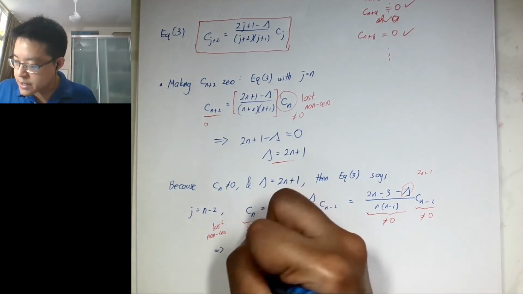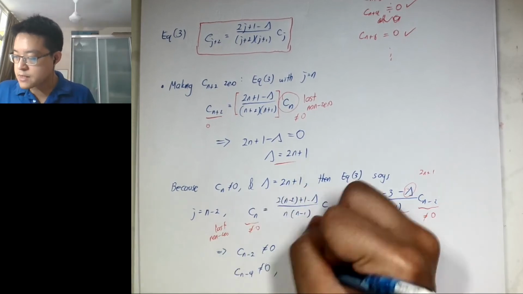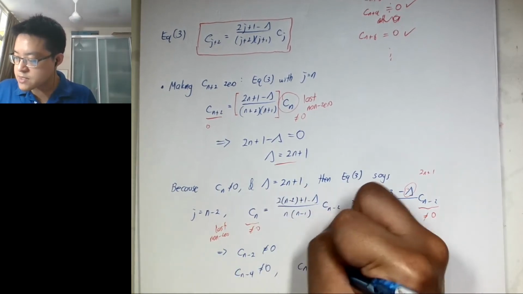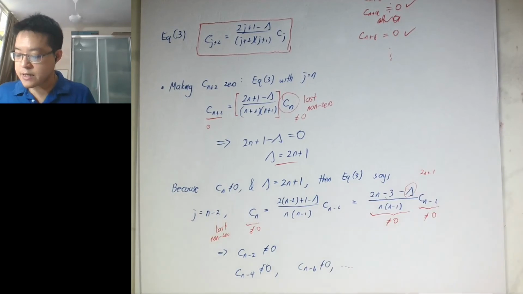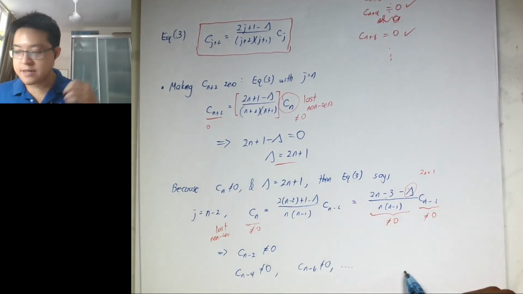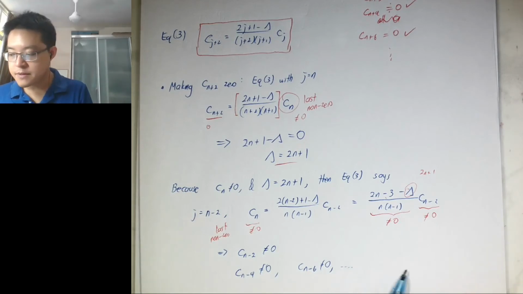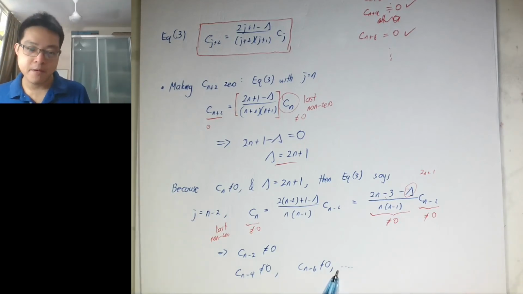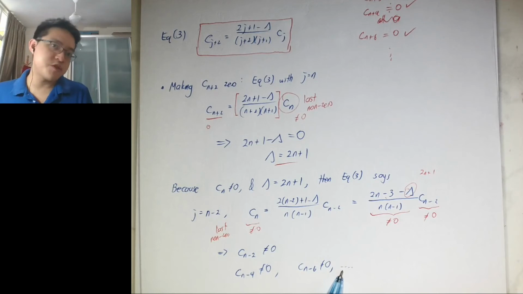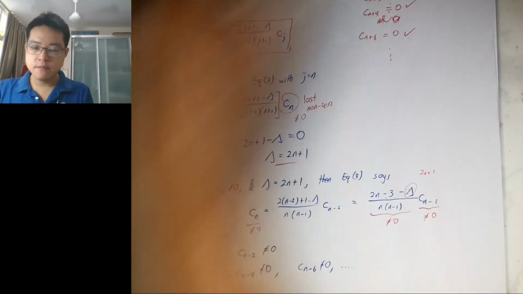Then Cn minus 4 is not 0. Cn minus 6 is not 0. Everybody is non-zero until the smallest term. But the smallest term is which one? C0 or C1? It depends.